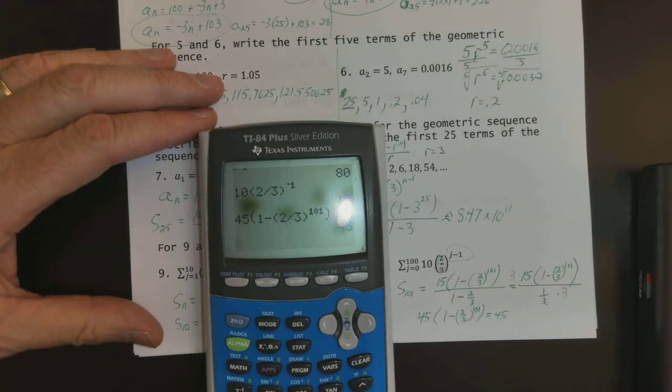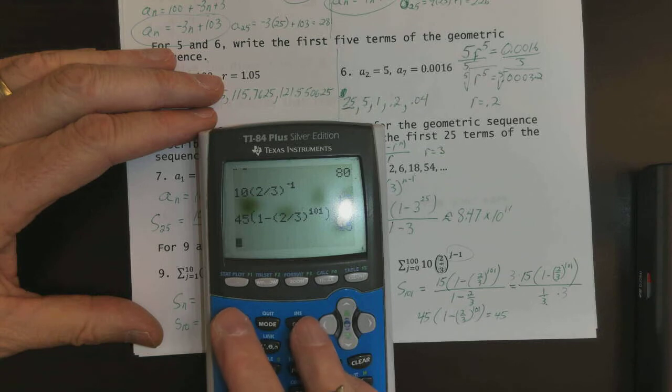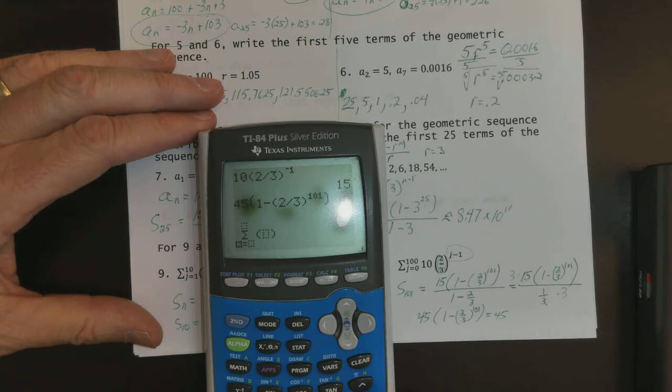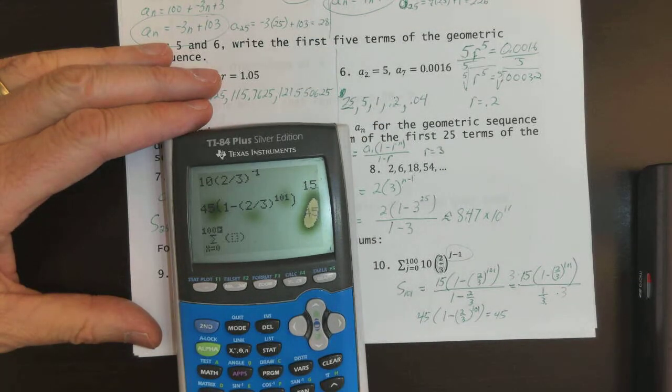Summation. Did I hit second? No. I hit math. Summation. X equals 0 to 100. Let's go 10. Let's put 2/3 here. Close that.